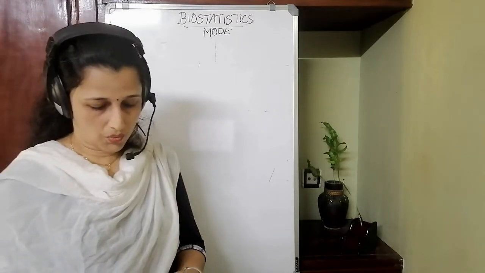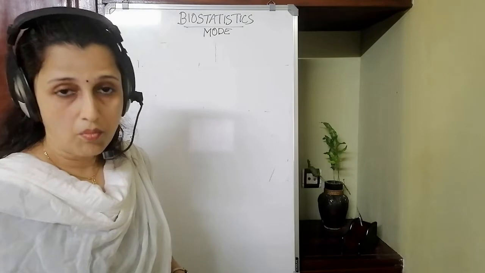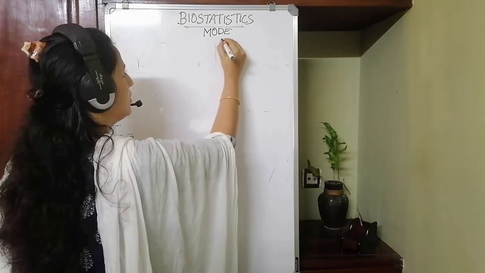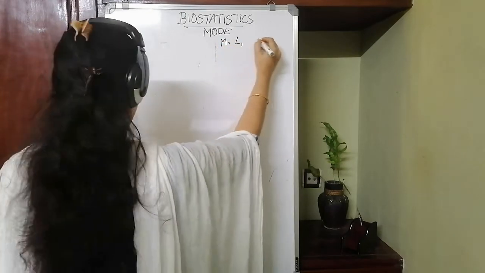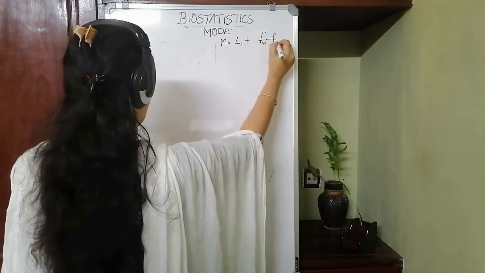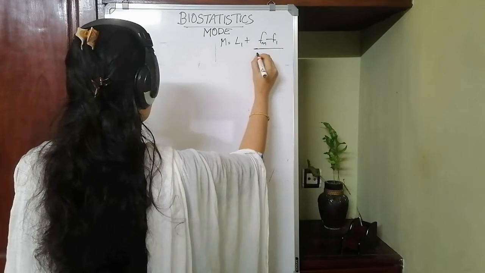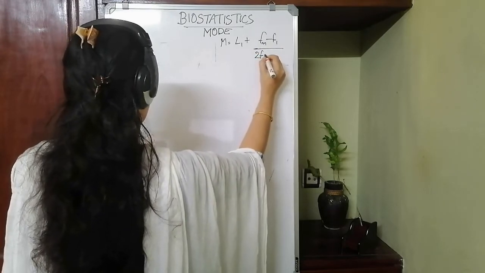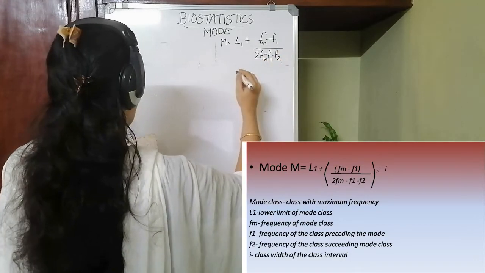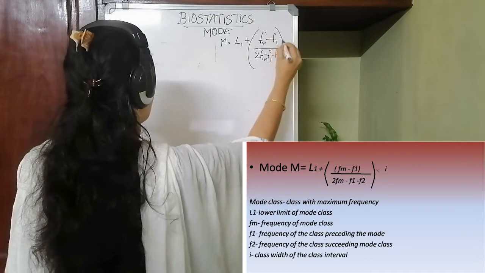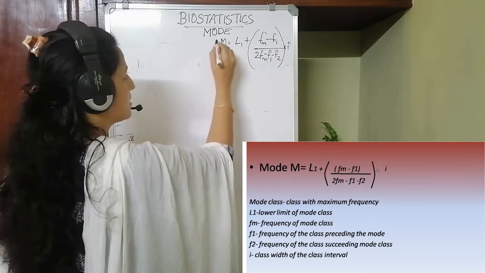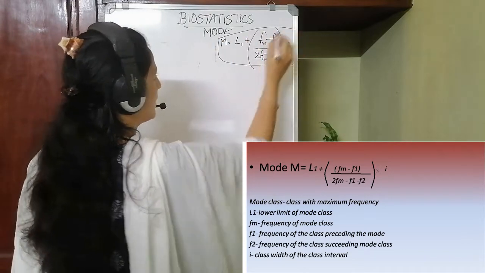The equation for mode which we use is M is equal to L1 plus (Fm minus F1) the whole divided by (2 Fm minus F1 minus F2) the whole multiplied by I. This is the equation used for finding mode.